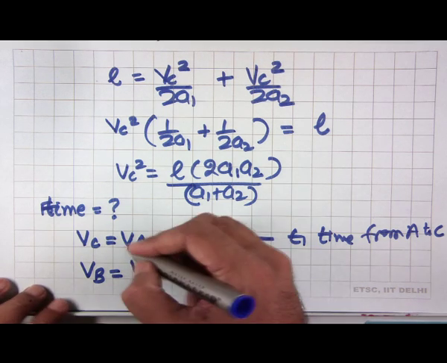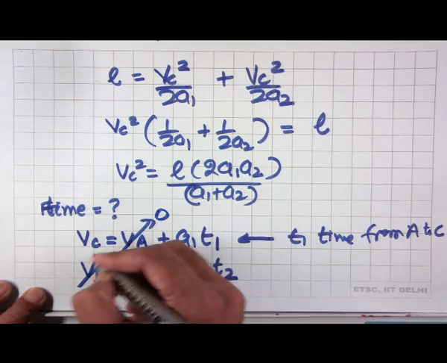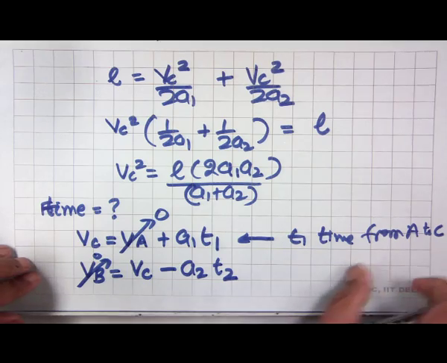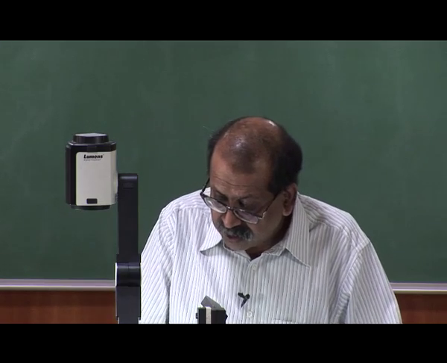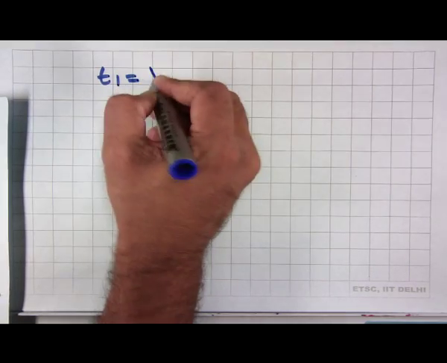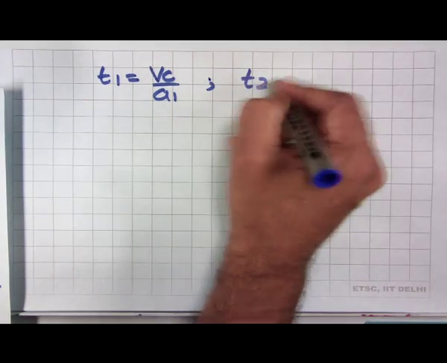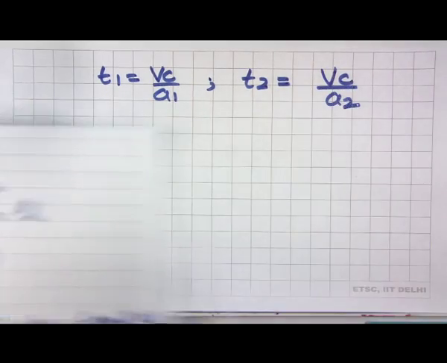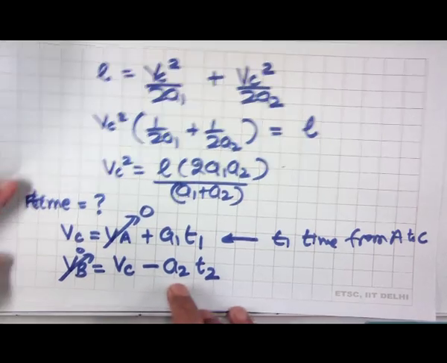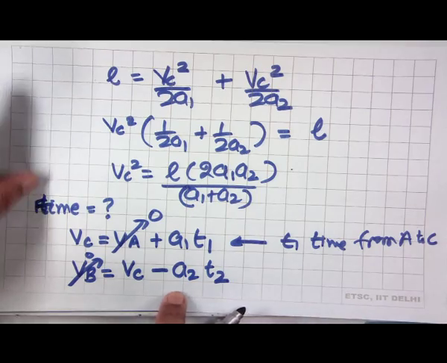Once again VA is 0 and VB is 0, so T1 is equal to Vc upon A1 and T2 is equal to Vc upon A2. Notice that because we had retardation, we have already used minus A2 here.